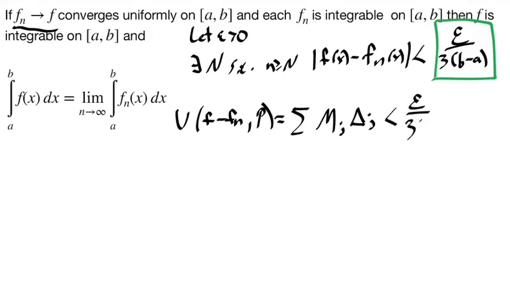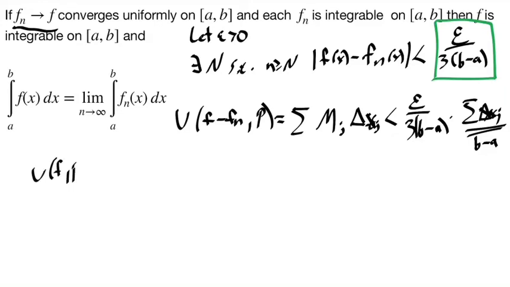So that means this has to be less than epsilon over 3(b minus a) times the sum of the delta xj's. And what is the sum of all these delta xj's? Well, this is just b minus a. So my upper estimate for f minus fn is less than epsilon over 3, because the b minus a canceled with that b minus a.